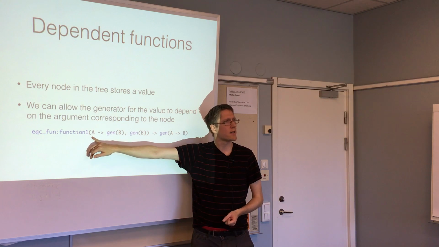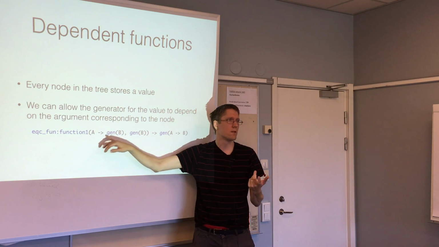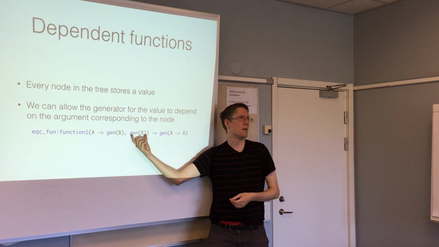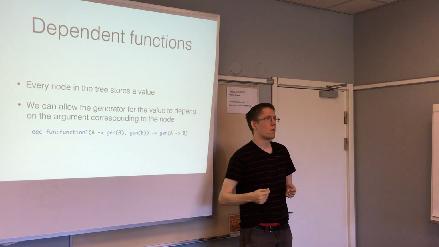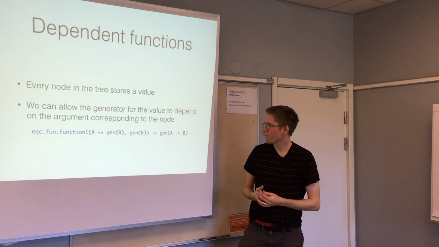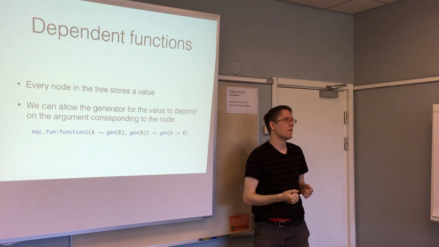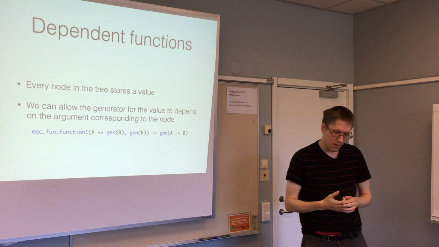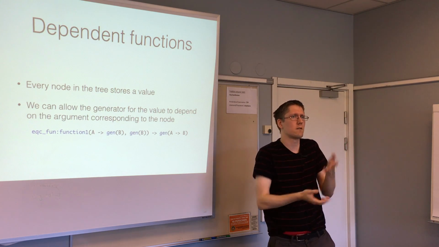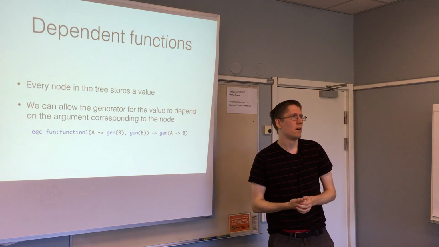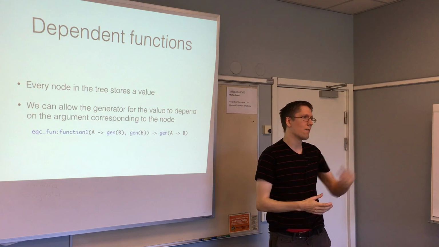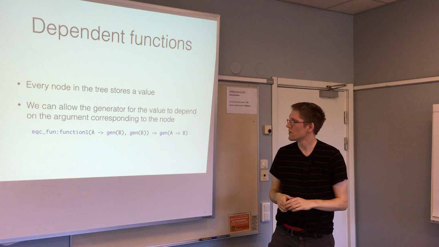It gets to look at the argument before deciding how to generate a value. But then you also have to pass in a generator for the default, for the catch-all clause, where you don't have access to the argument value. And then it produces a generator for a function from A to B. That's quite nice if you want to generate a function that has some constraints on what it should produce given the argument.